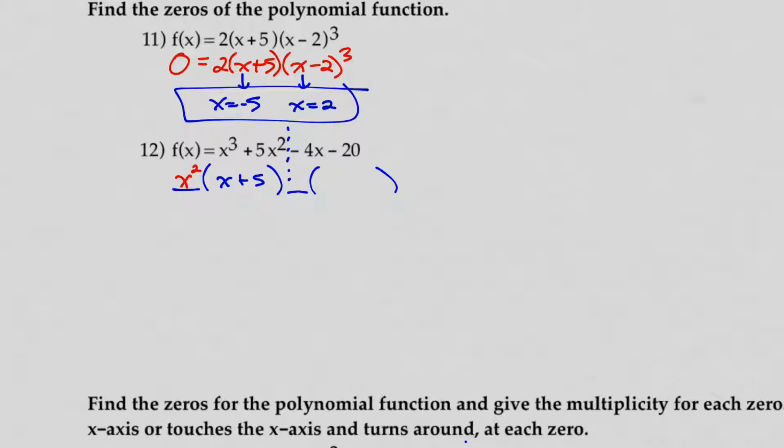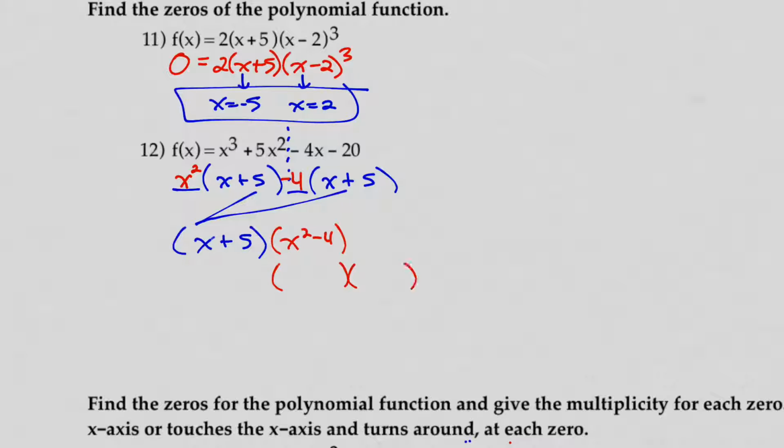And if you take the GCF of group 2, which is -4, that's going to produce another x plus 5. So this is definitely factorable because those match, and since they match, they come out as another GCF. And then we have x squared minus 4 right there. And this can be factored further. Since that's a difference of 2 squares, positive 2 and negative 2.